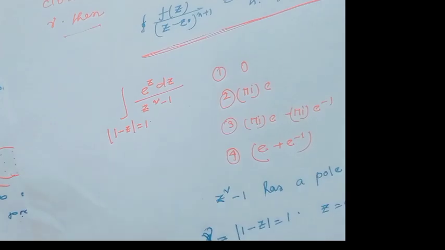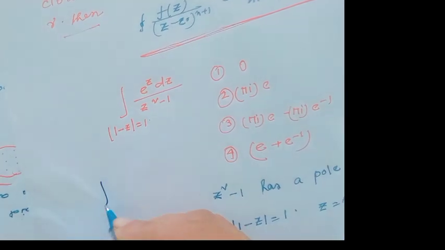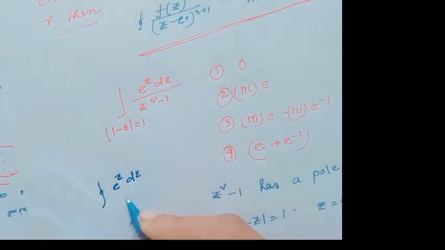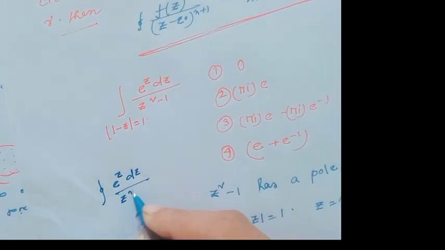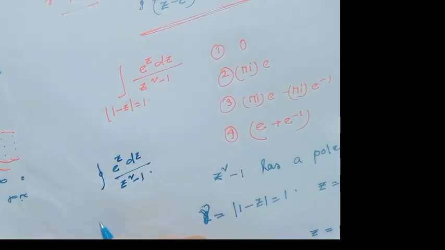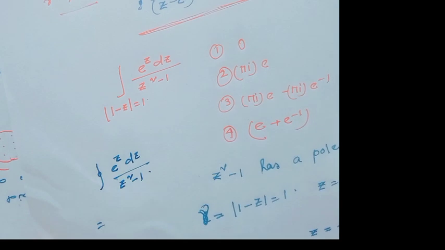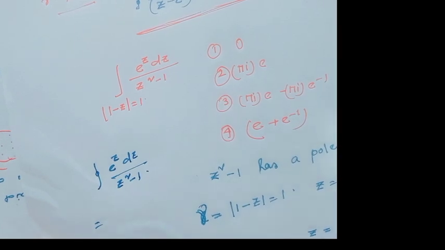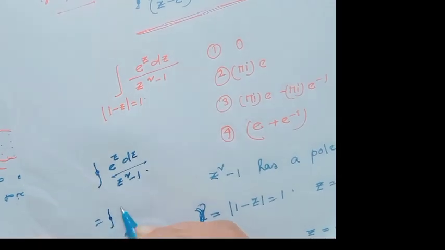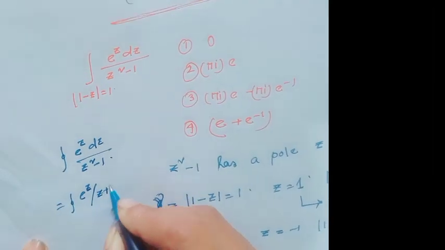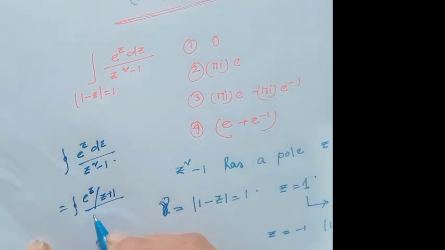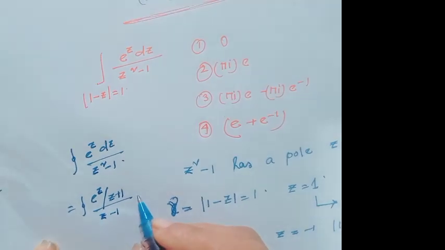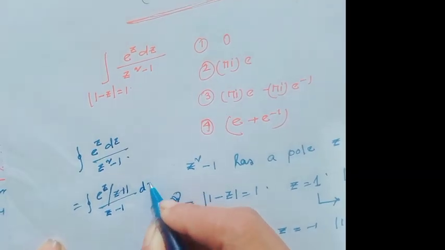Therefore, since only one point is inside the circle gamma, we write the integrand as e to the power z over z plus 1, divided by z minus 1, because only the point 1 is inside the circle gamma.